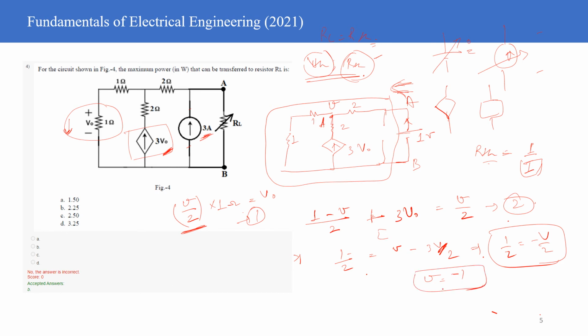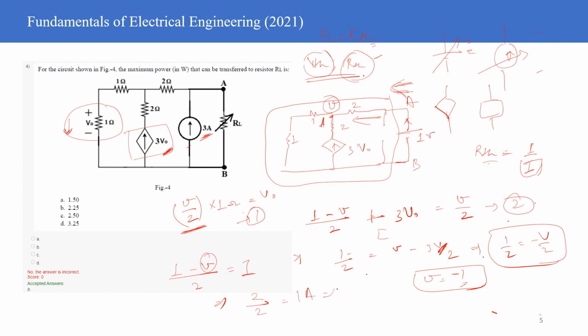Now, if this voltage is equal to minus 1, then what is the current flowing in this branch? It will be equal to (1 volt minus V) divided by 2. But the voltage we have calculated to be minus 1, so the current will become 2 divided by 2, which is equal to 1 ampere.